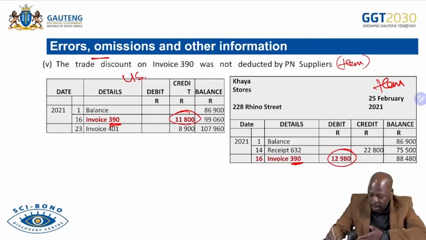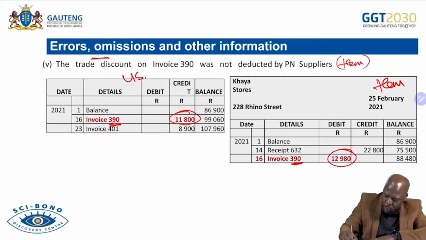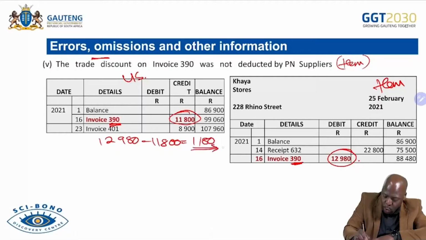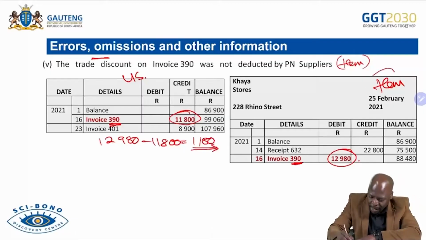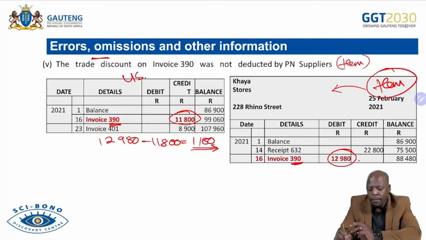So if it is not deducted by them, how much was it? Let's get the difference between the 12,980. We subtract the amount after the discount, which is 11.8. The difference should give us 1,180. This is what was not recorded. By who? By them. As long as the error is done by them, learners, where do we go to correct it? Remember, if it is by us, it goes to the ledger.